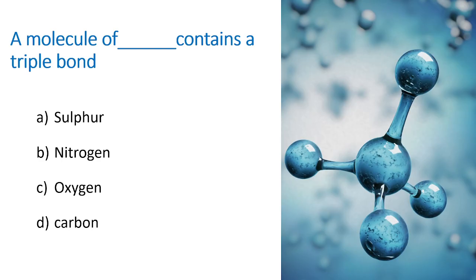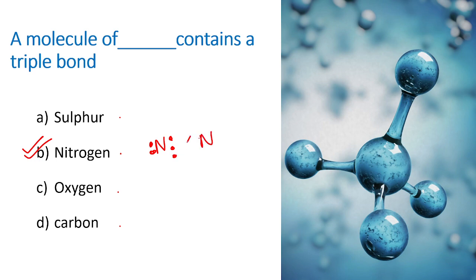Next, a molecule of dash contains a triple bond. So do you have a triple bond in sulfur, nitrogen, oxygen or carbon? Where do you have a triple bond? So yes, nitrogen has a triple bond. We know that the valence electrons of nitrogen are 5. So 1, 2, 3, 4 and 5.